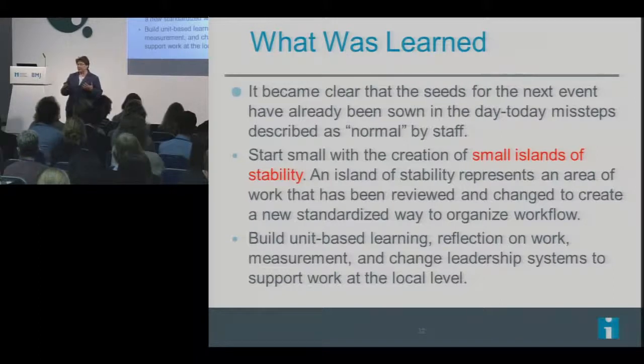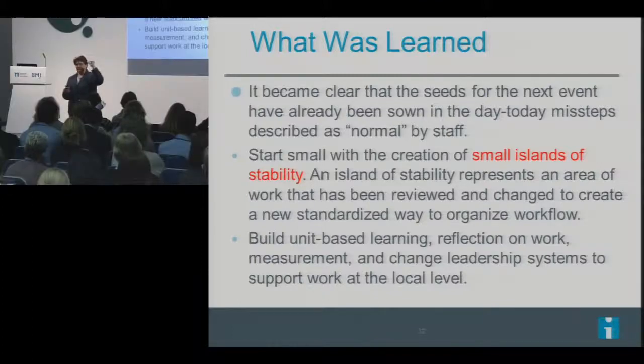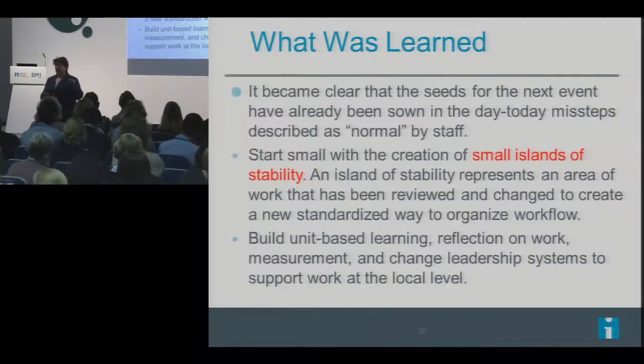How many of you are familiar with behaviorism? Skinner's work? The most difficult behavior to extinguish is that which is rewarded on a variable ratio schedule. And that is, I cannot predict from one moment to the next, or one day to the next, when I'm going to get the information I need.